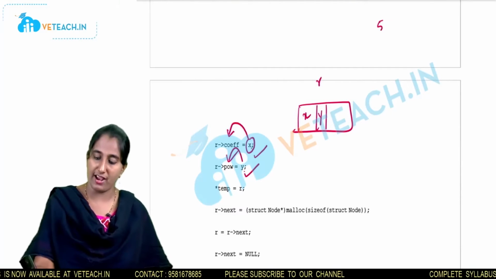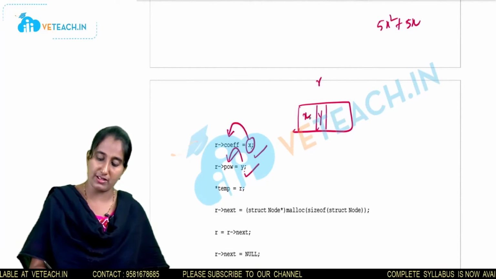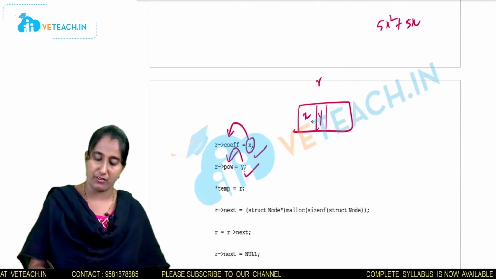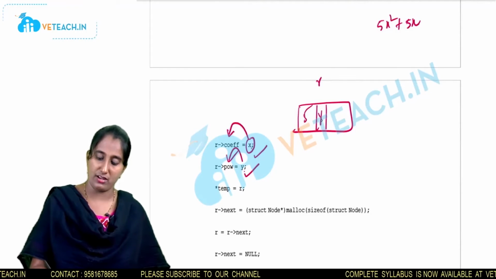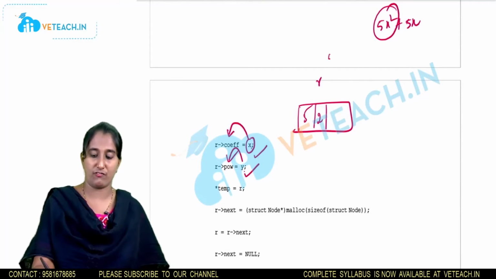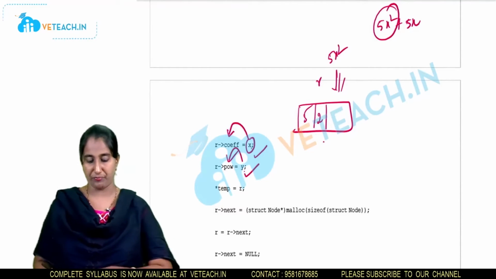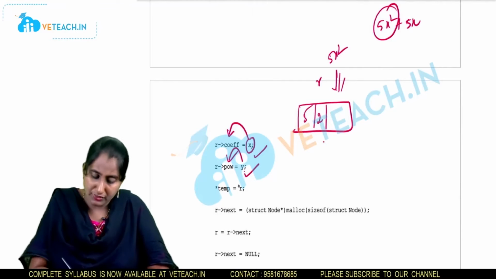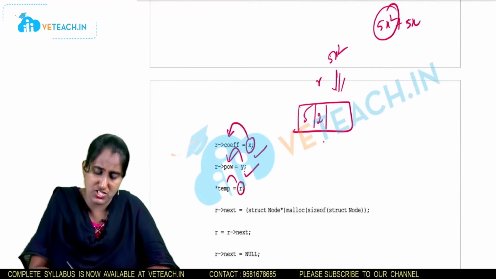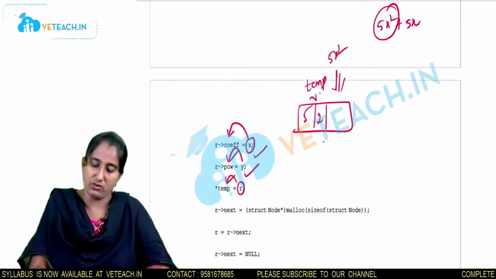For example, in 5x square plus 5x, what will be the value here? Here 5 and here 2. So for this node, 5x square is represented in the r in such a way. Next, this r is carried to this temp, meaning the temp is pointing to this respective node.